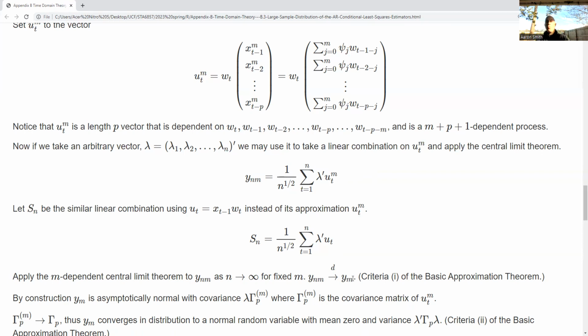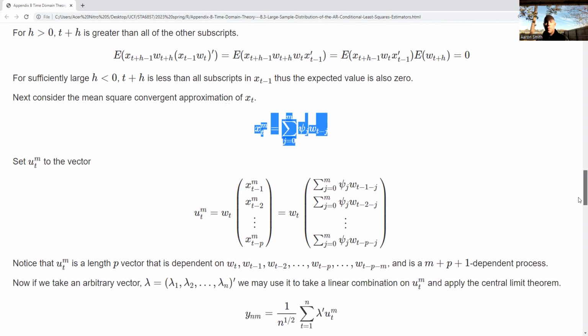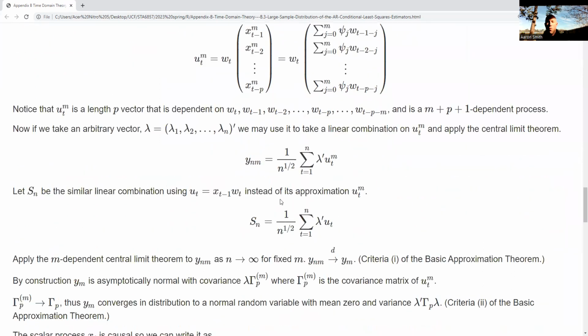And so what we're going to do is, remember that we have the X approximation here. So this approximates the time series that we want to know. So we have the time series we want, we have this, and then we're using that to converge to something here and here. All right, so we have Y sub mn, which is converging to this.